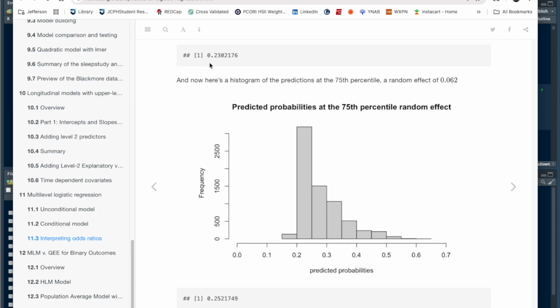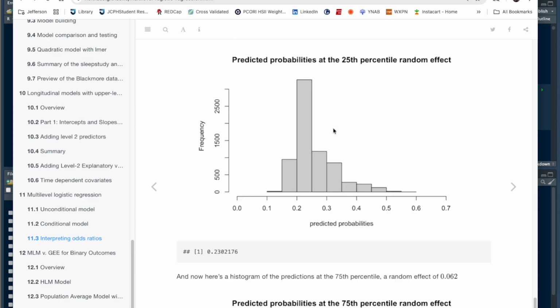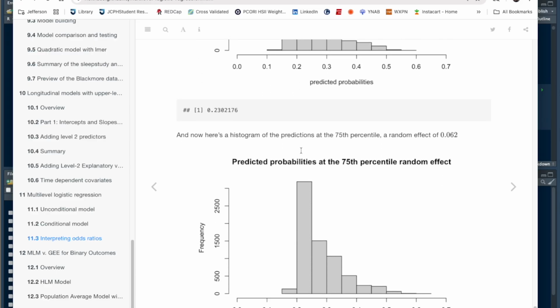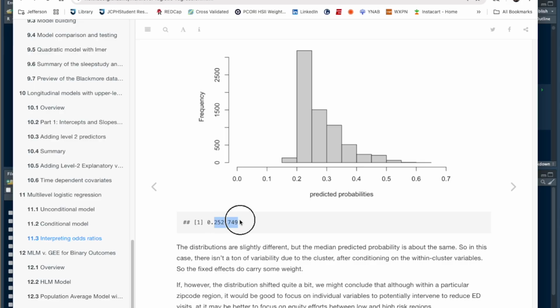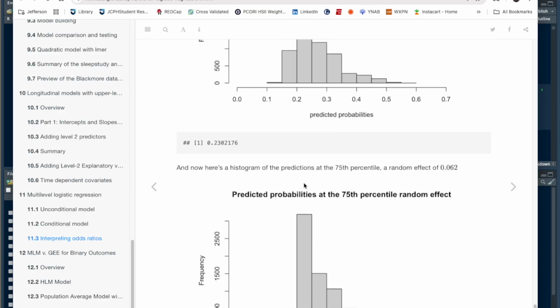In fact, the average predicted probability is 0.23 in this lower random effect situation, and is only a little bit higher in this bigger one. So the distributions aren't that different. This is median predicted probability.